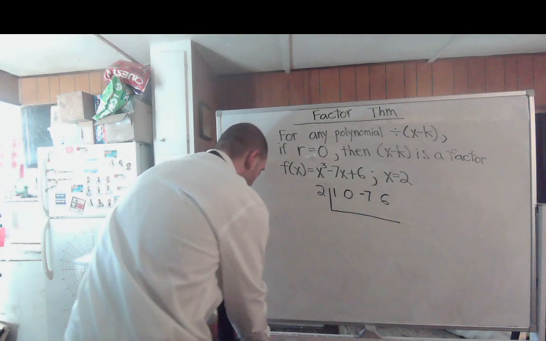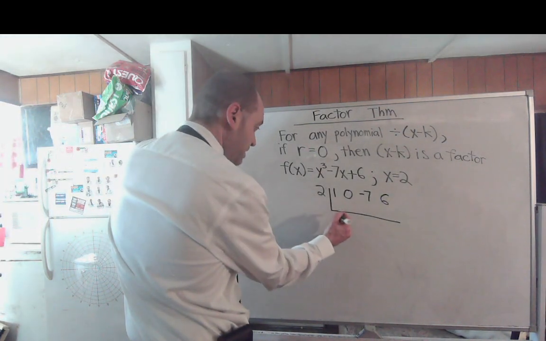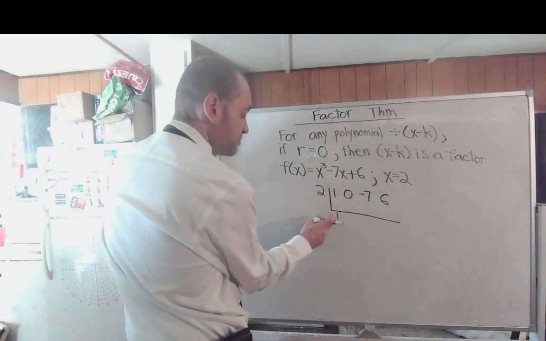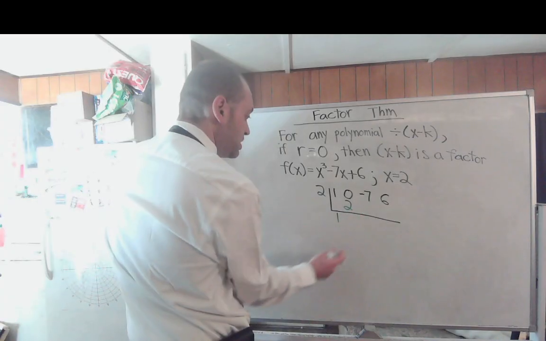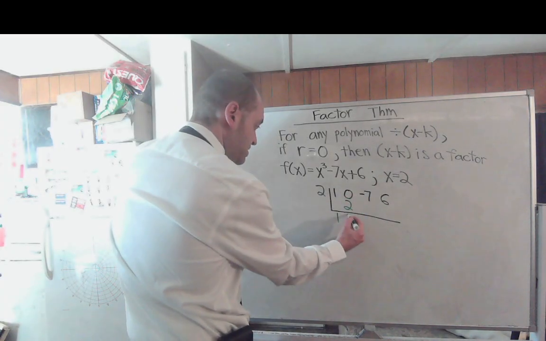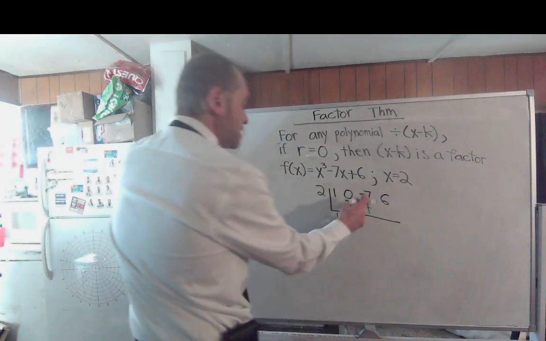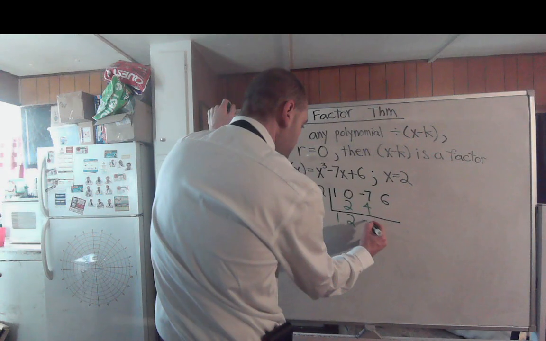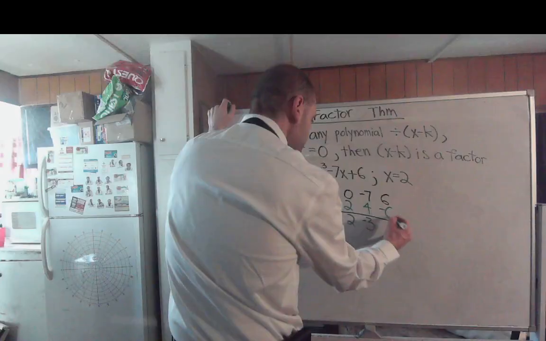Now let's go ahead and bring down the 1 from above. Okay, so 2 times 1, that's going to end up being 2. Now 0 plus 2 is 2. 2 times 2 is 4. Negative 7 plus 4 is negative 3. 2 times negative 3 is negative 6.